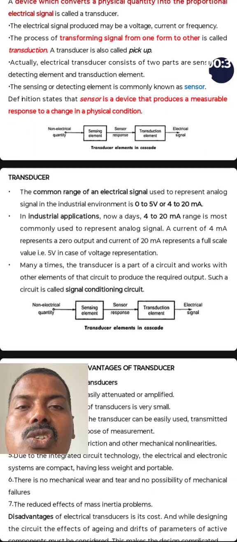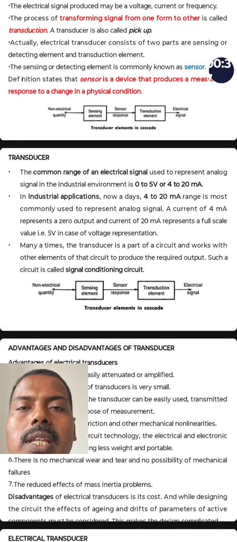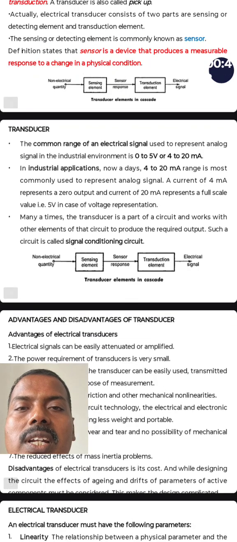Actually, an electric transducer consists of two parts: a sensing or detecting element and a transduction element. The sensing or detecting element is commonly known as a sensor. The definition states that a sensor is a device that produces a measurable response to a change in physical condition.